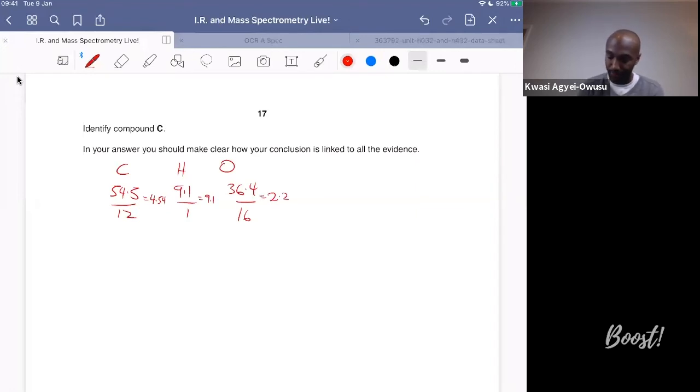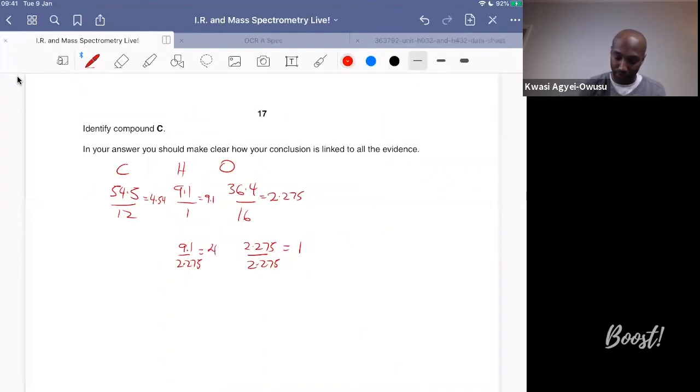Okay. And then we want the simplest whole number ratio, and so we want to divide by the smallest number of moles. So 2.275 over 2.275 is going to give us 1. 9.1 over 2.275 is going to be 4 exactly.